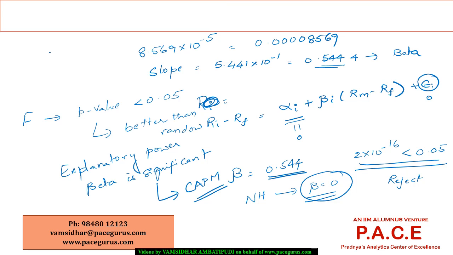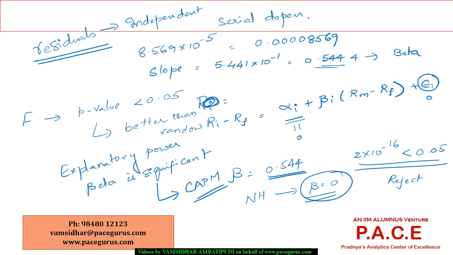And now I can simply look at some of the residuals, how the residuals came out. This is the next level of analysis on the data before we make some conclusions, whether the residuals are more or less independent or there exists some level of serial dependency behavior among the residuals.